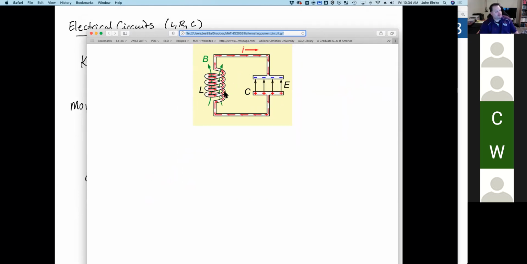And the magnetic field will cause the polarity to shift, which causes the other end of the capacitor to be opposite in sign to the side that the current started moving through, so that you'll get differing signs on each side of those plates, which will then repel one another and push the current back the other direction. So what ends up happening is you get current flowing one direction, it gets pushed back the other direction, flows one direction, gets pushed back the other direction, and so on.